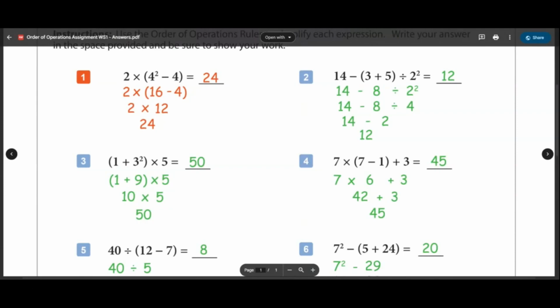All right, so let's look at the answers on the other sheet, and then we will come back.